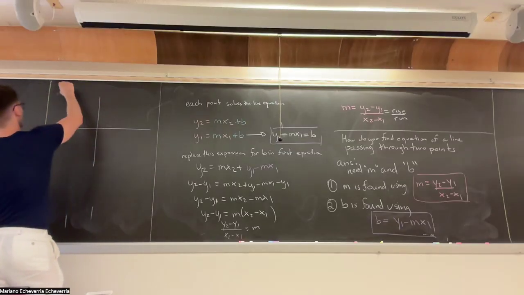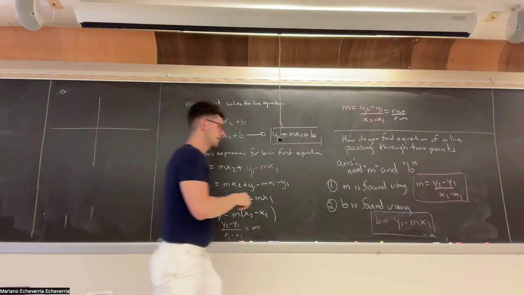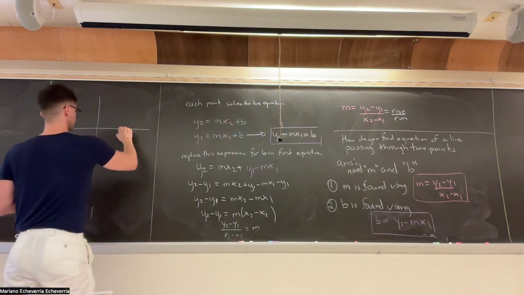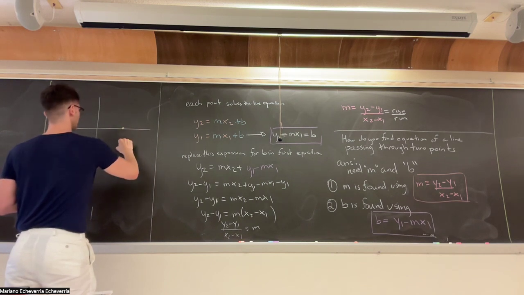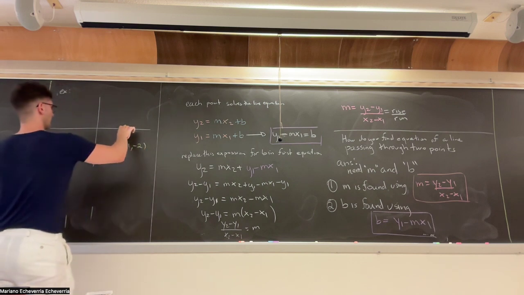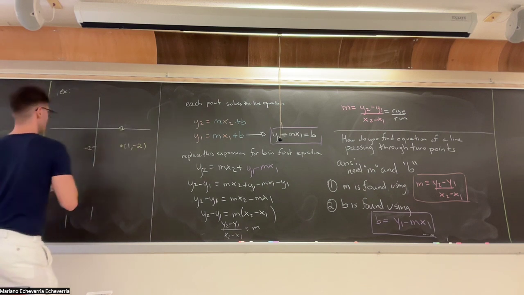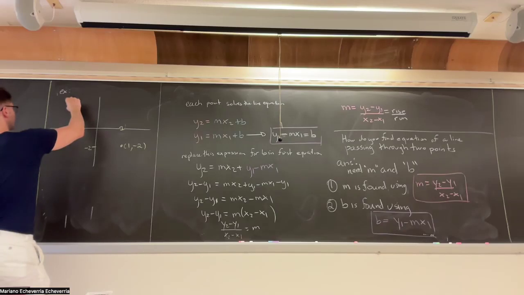Here's an example. Here's a point, let's say this is the point 1, -2, and here's going to be the other point.